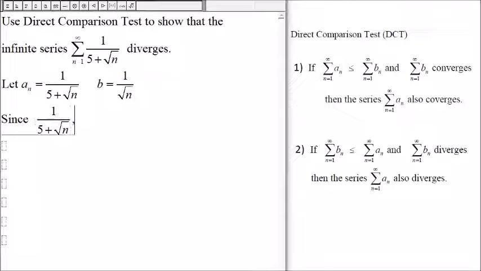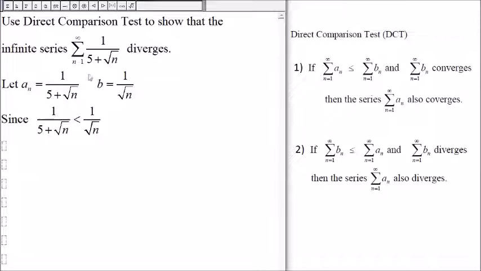Since the denominator 5 plus the square root of n is larger than the square root of n, if we take the reciprocal, then it's less than.